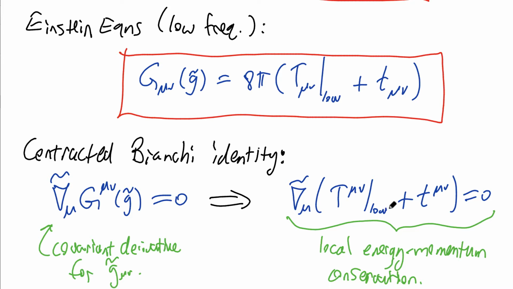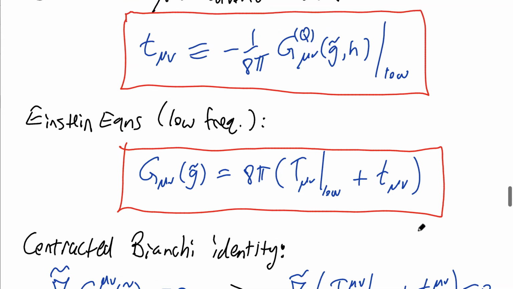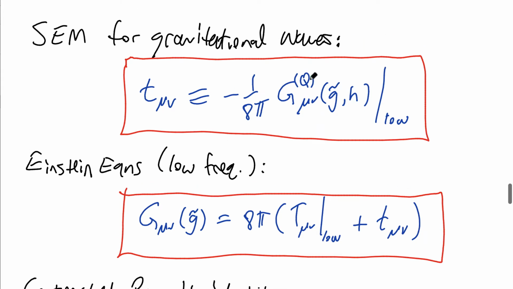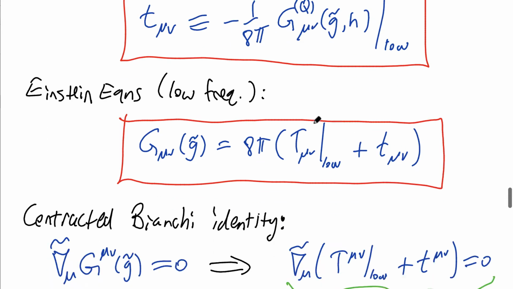In this case, the conserved quantity is not just the energy and momentum in the matter fields, but it's a combination of the energy and momentum in the matter fields and the gravitational waves. Now that we've identified the stress energy momentum tensor for the gravitational waves, we're left with the technical challenge of computing the quadratic terms in the expansion of the Einstein tensor.